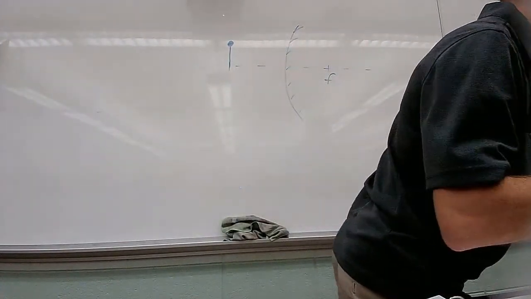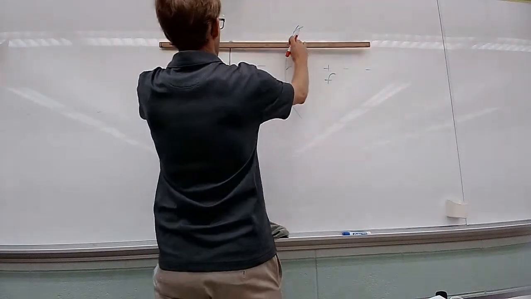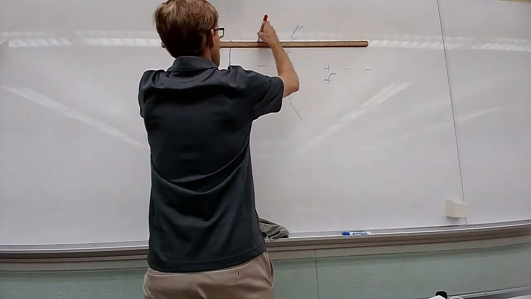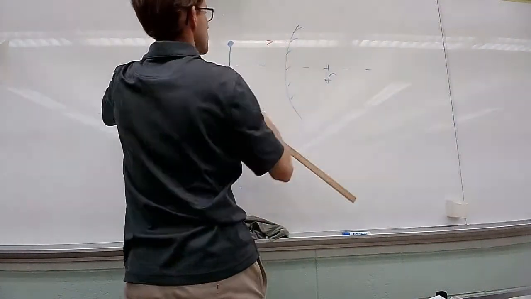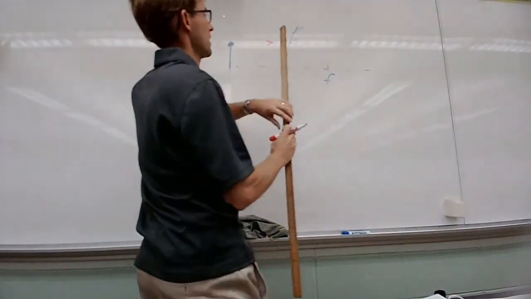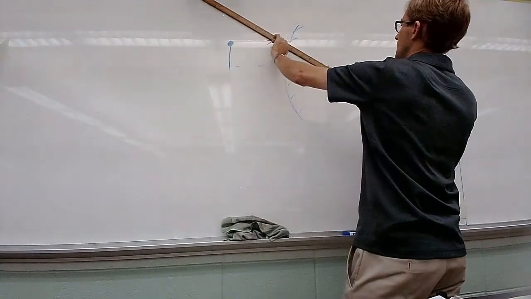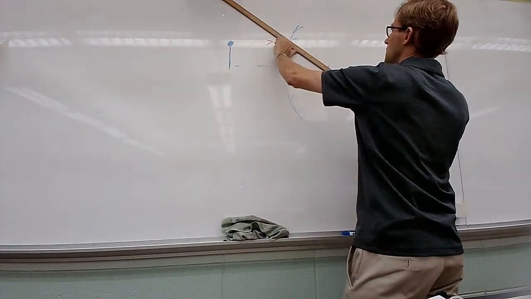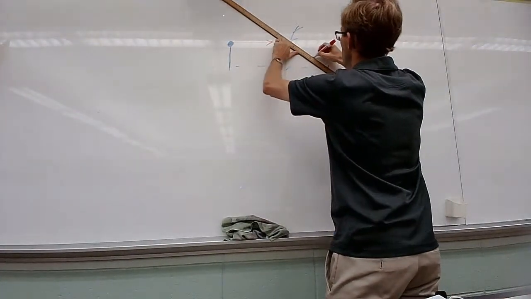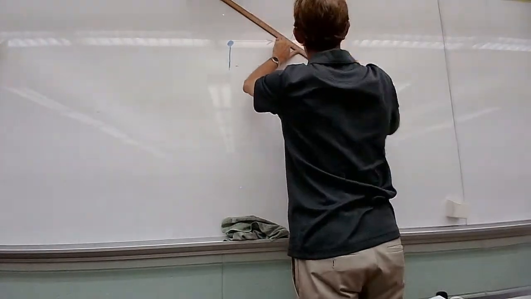We send in that light ray so it's parallel. It's going to bounce off this mirror up to the left, because that's just what that mirror does. Because it's coming in parallel, it's going to bounce off at the same angle as the focal point is.